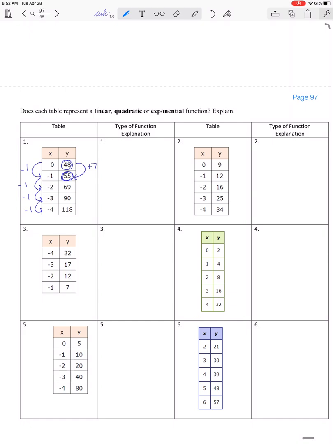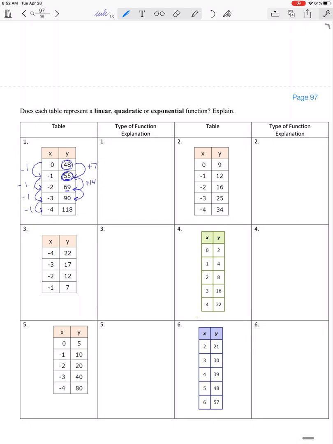How did I go from 55 to 69? You know you're going up. If you take the bottom number and subtract the top number, we'll figure it out. So 69 minus 55, we get 14. How did I go from 69 to 90? Same thing. You know you're going up.